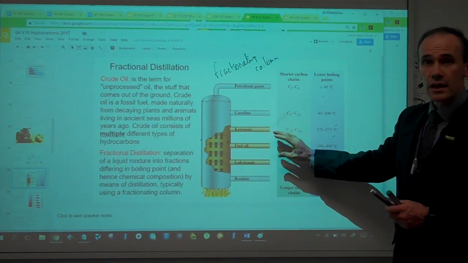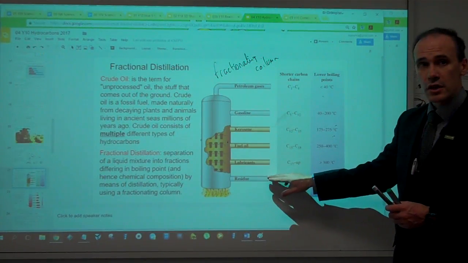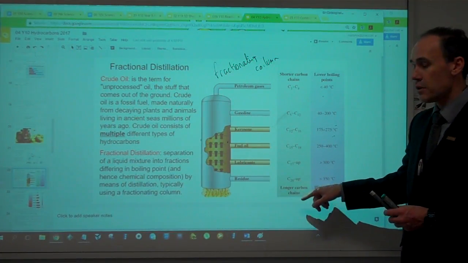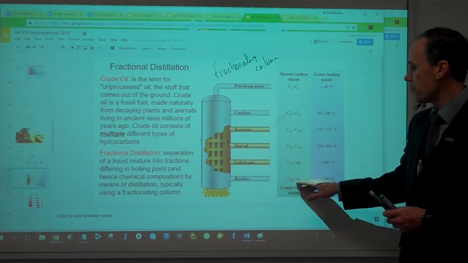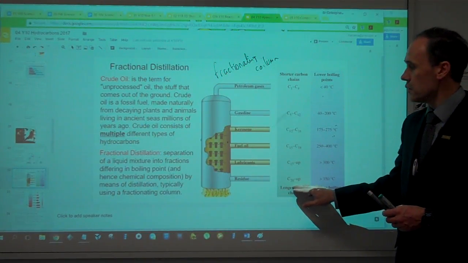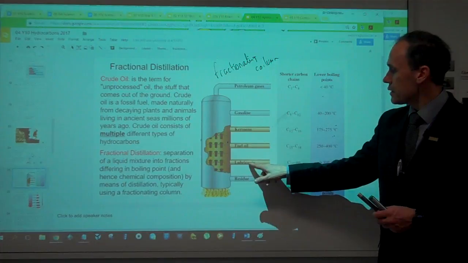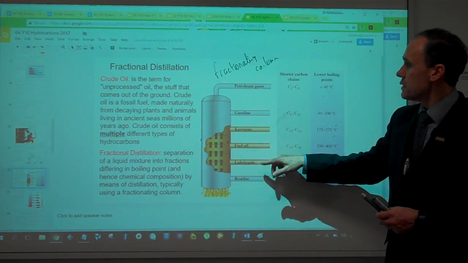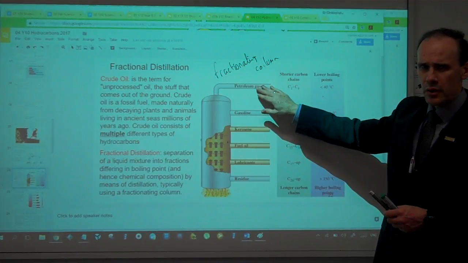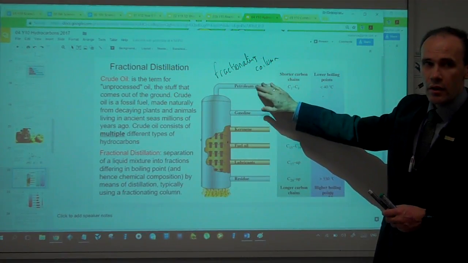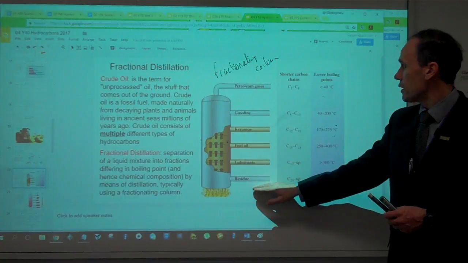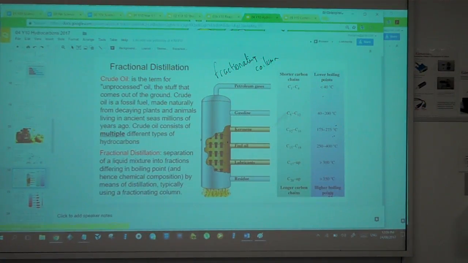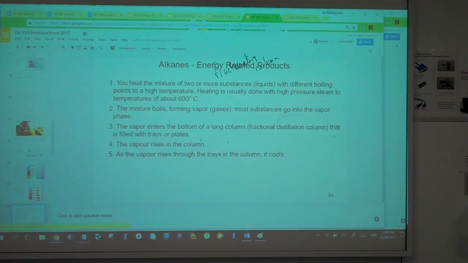You need to understand that the longer the chain, the further down collection occurs. So these very long chain carbons, C20s all the way up to C60, C80, whatever it might be, are collected as residue. This difference is based purely upon boiling point. So the ones up here have low boiling points, and the ones down here have high boiling points. And there's a second picture there that can help you with that.